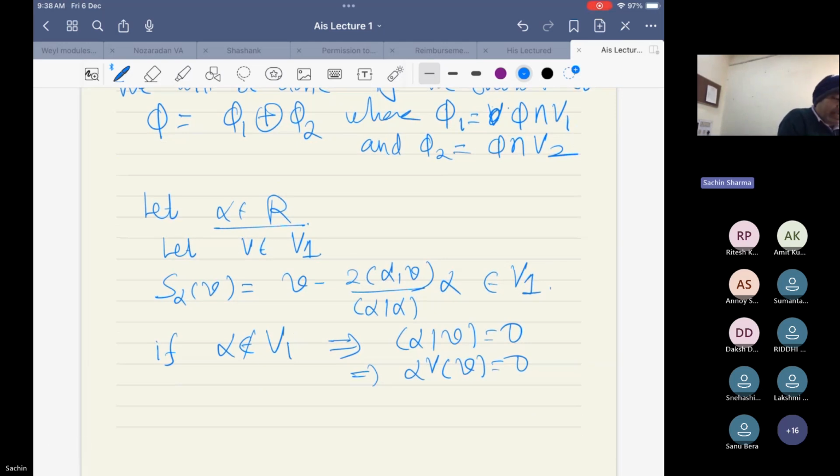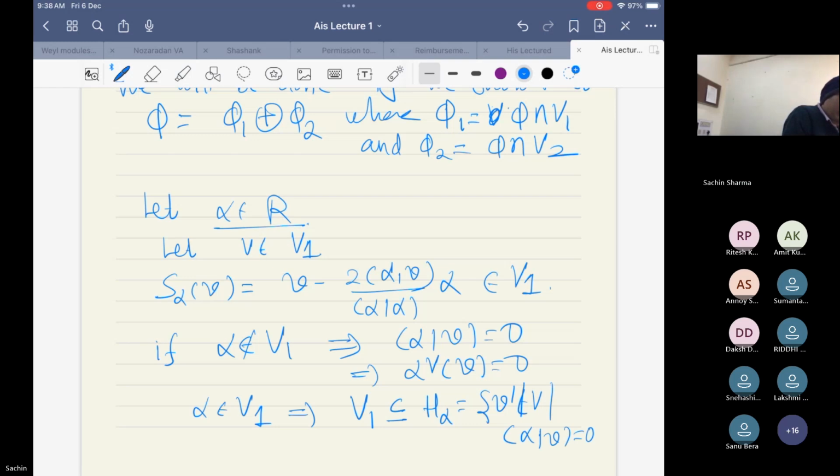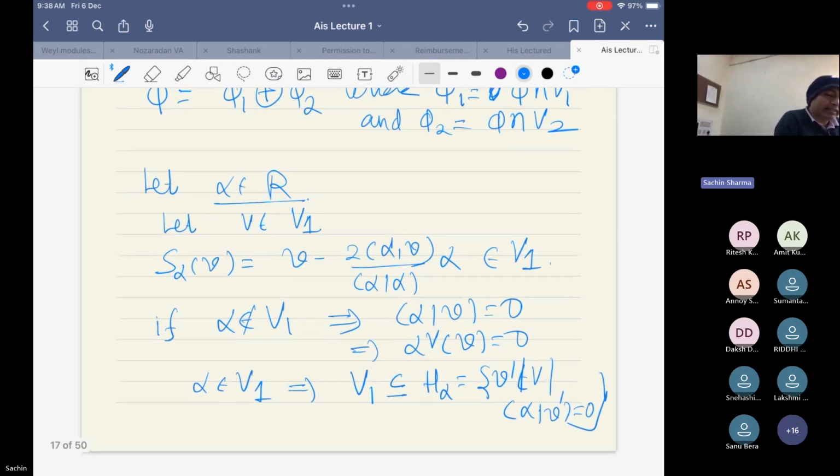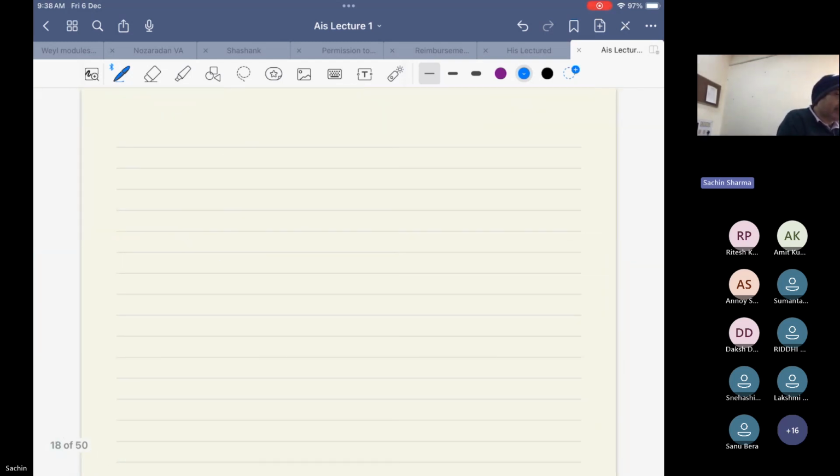Similarly, if alpha does not belong to V1, that implies that V1 is contained in H alpha, which is the set of all vectors v dash belonging to V such that (alpha, v dash) is equal to 0. So what does this imply? This is actually one of the exercises taken by Ritesh.